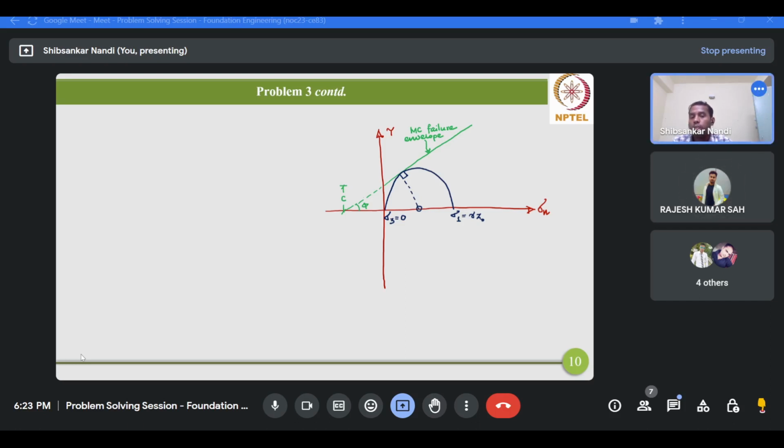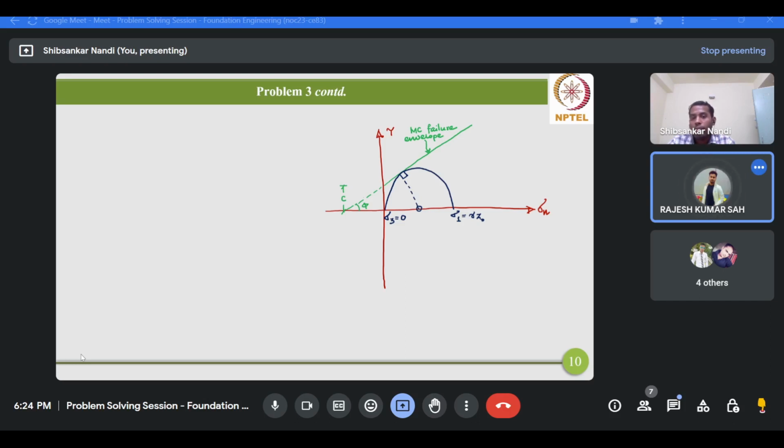In any question, the internal friction is given as some value. Is that a phi value or a theta value? I am not getting you. It's given as the angle of internal friction. Yes, sir, the angle of internal friction is given as some data. Is that the value of phi or the value of theta?